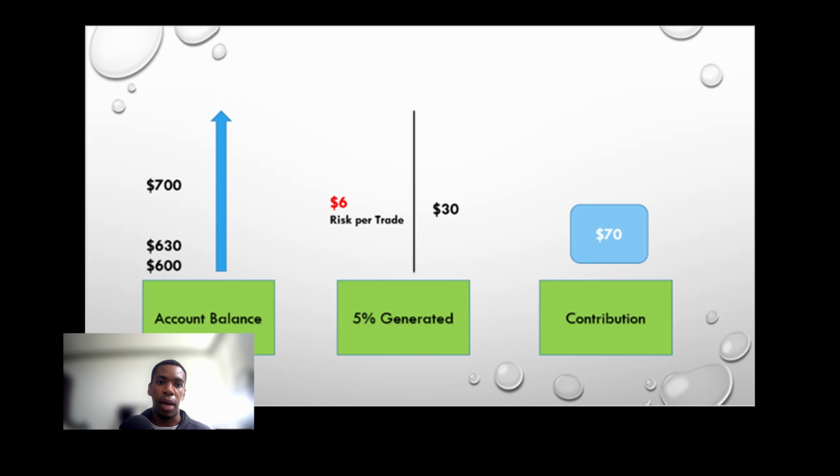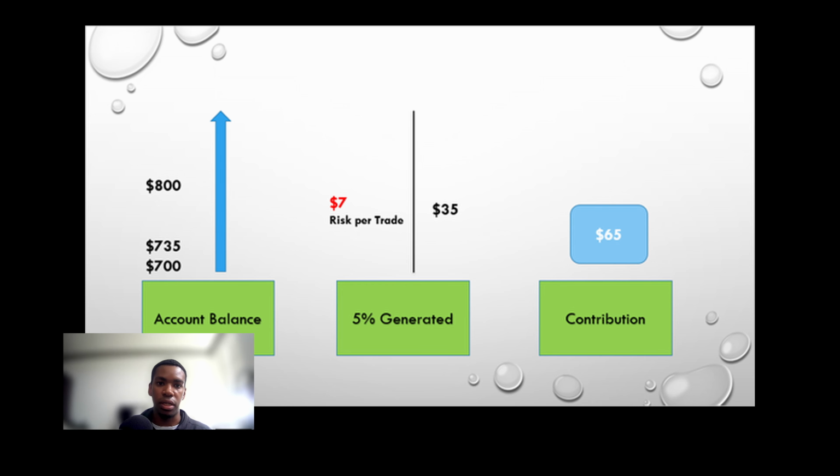And then the trading balance can now be increased by another $70, bringing it to $700. And then thirdly, to increase the account balance, you have to hit the third milestone, which is $735. Once more, this will indicate a 5% return on the initial balance with a $7 max risk per trade, right?